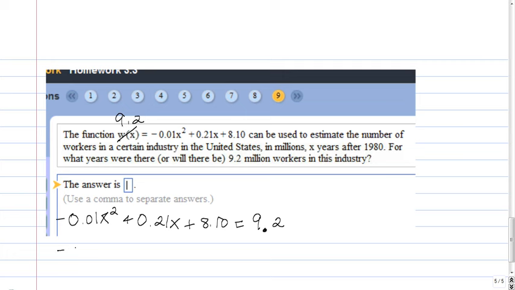So we'd have negative 0.01x squared plus 0.21x, and then we've got to subtract 9.2 from 8.1. So when we do that, we would get a minus, what is that, 1.08?